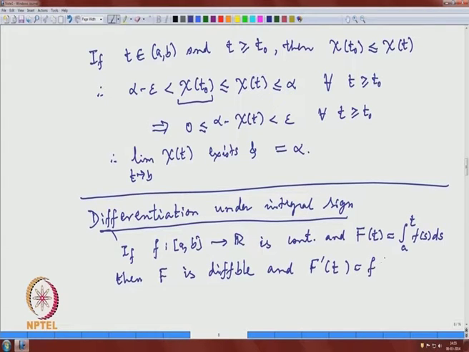So, what I am going to state is a generalization of this. Okay. So, this you remember. This is a generalization of this.